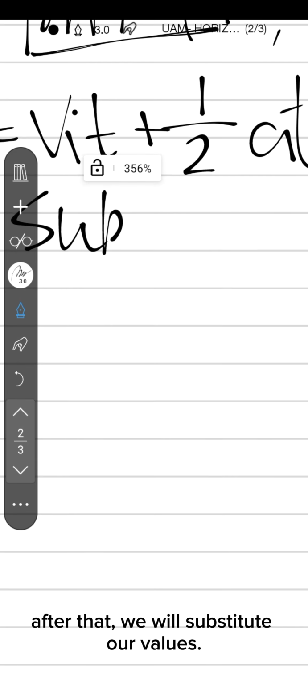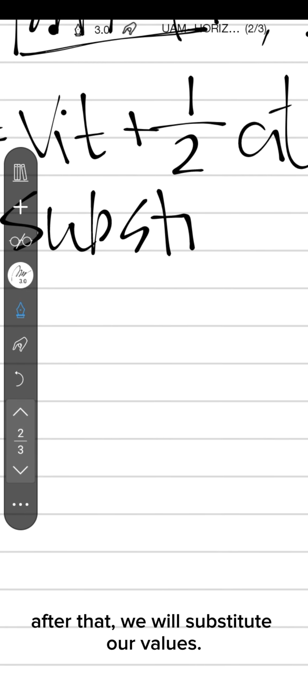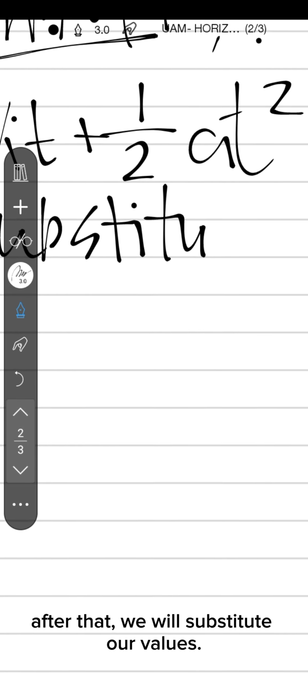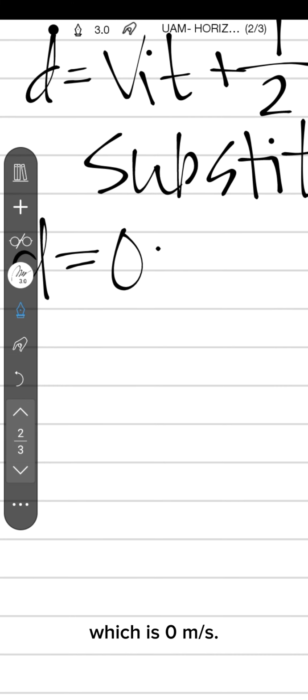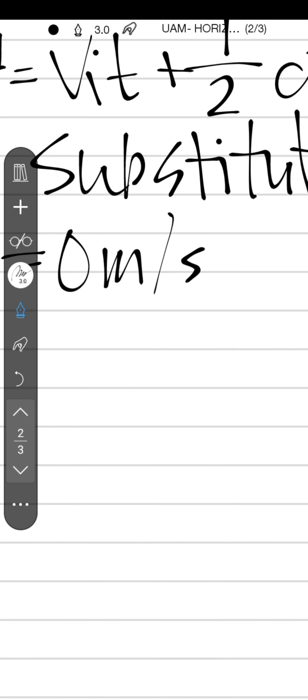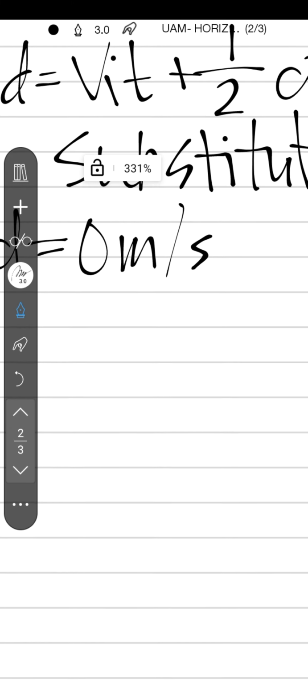After that, we will substitute our values. So displacement is equal to the initial velocity, which is 0 m/s. Then we're gonna multiply that to our time, which is 6 seconds.